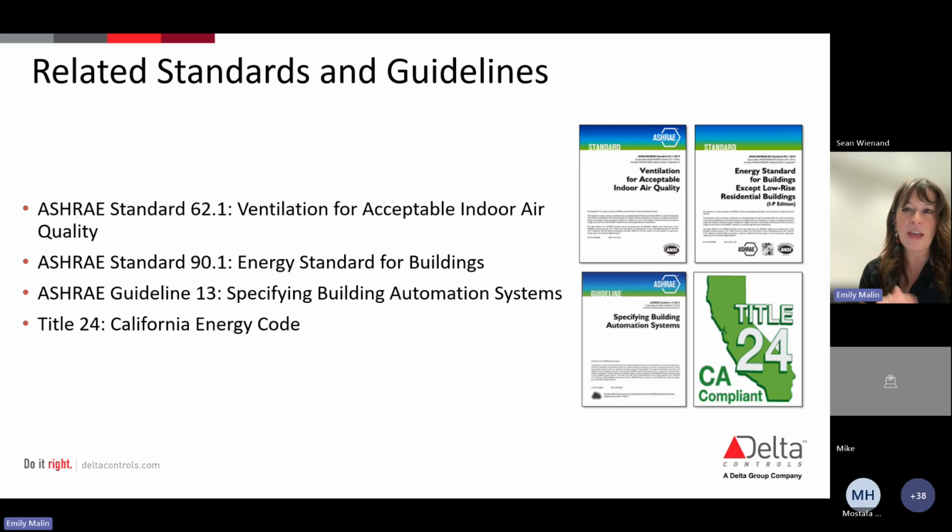And then another big one that a lot of our industry standards have started to base themselves off of is Title 24, which is California's energy code. And again, we'll go into those more in depth, but just so you guys are aware that it's not just one standard. You are required to maintain multiple industry standards when you talk about some of these building automation systems.